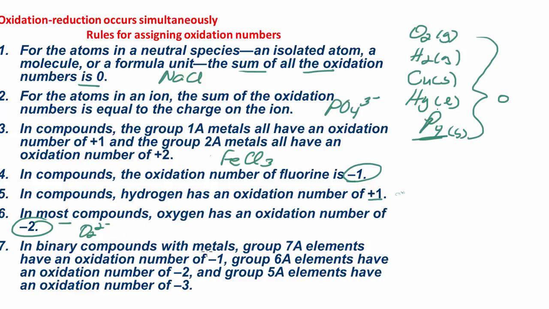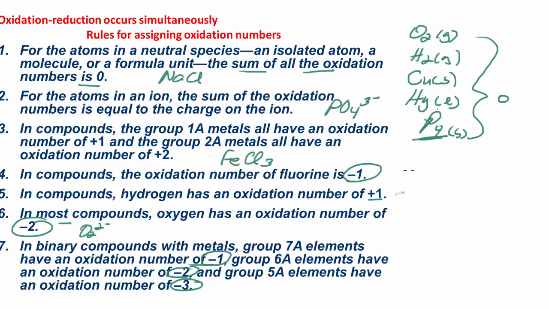In binary compounds with metals, group 7A elements have a -1 oxidation number, group 6A a -2, group 5A a -3 oxidation number. When the halogens, remember the chlorate and the chlorite ions, can have positive oxidation states. And we'll take a look at that right now.